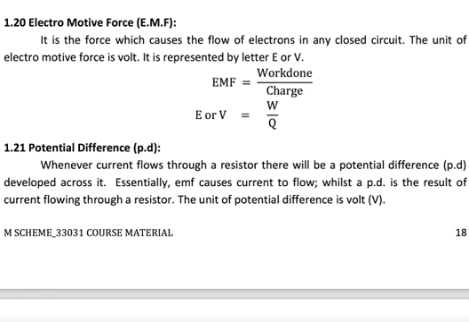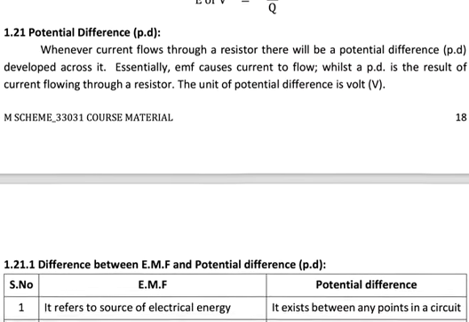The essential difference is this: EMF causes the current to flow, and the potential difference appears across the element where the current is flowing. When there is no current, there is no potential difference at all. EMF is not like that. That is the main difference, and the unit is the same: the unit of potential difference is also volt.